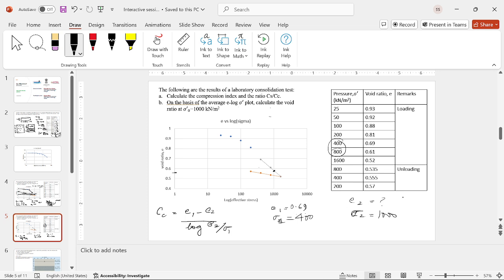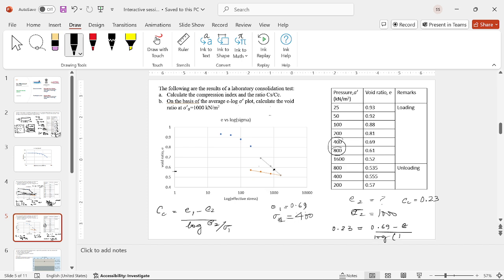So we know Cc is 0.23. So 0.23 equals 0.69 minus the void ratio that we want, over log of 1000 over 400.